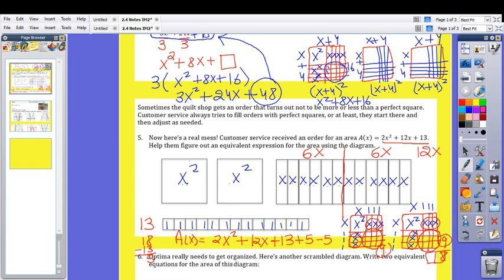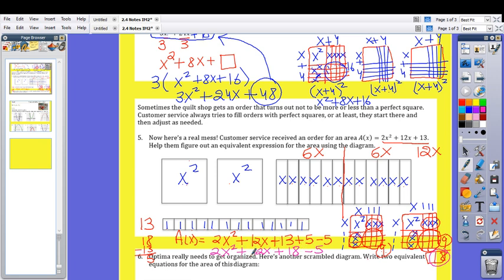Now we will be putting these together, so we will write down 2x squared plus 12x plus 18 and then take away 5. Why? Because we needed 18 blocks to make it.